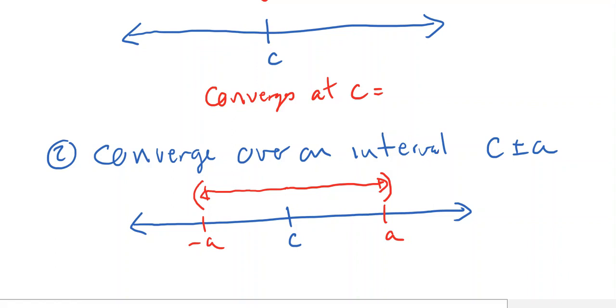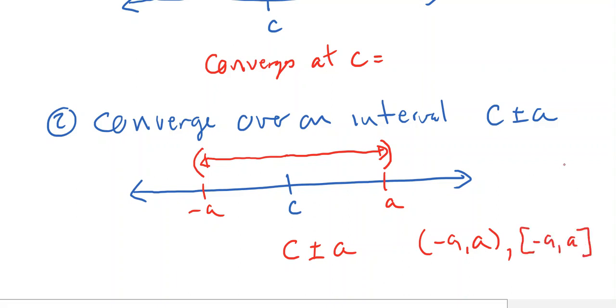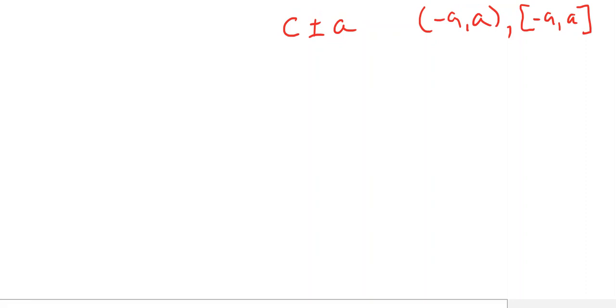So we would say that it converges over C plus or minus A, or using interval notation, we would say from negative A to positive A. And if we do include the endpoints, it would be negative A to positive A with the square bracket. So it's an interval. The third possibility is that it converges everywhere.